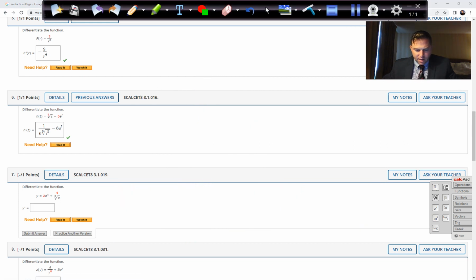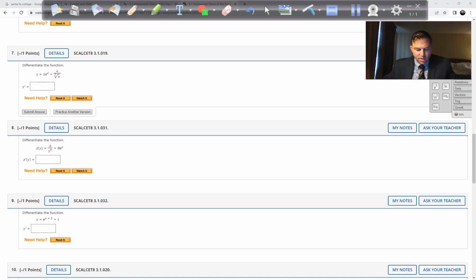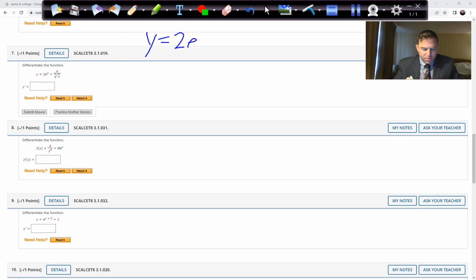Okay, so let's look at problem 7. This one's offering nothing new. It's just more practice with the exponent function and fractional powers. So what do we have? We have y equals 2e to the x plus 4 over the 3rd root of x.